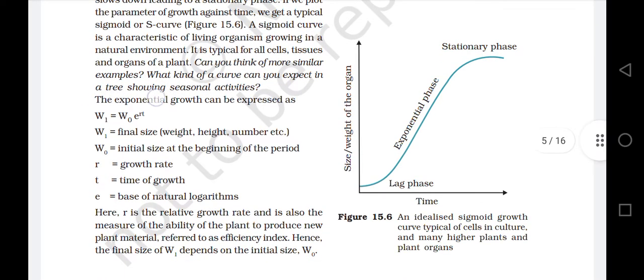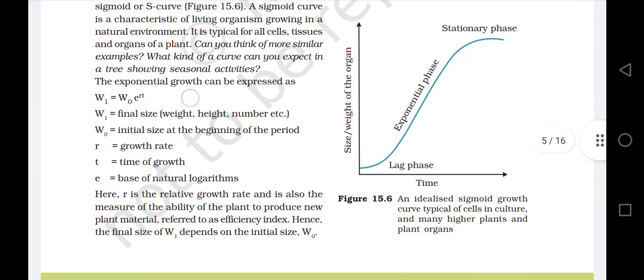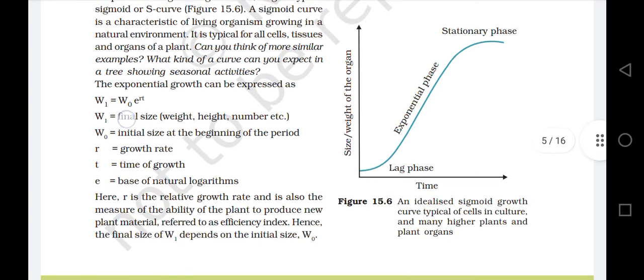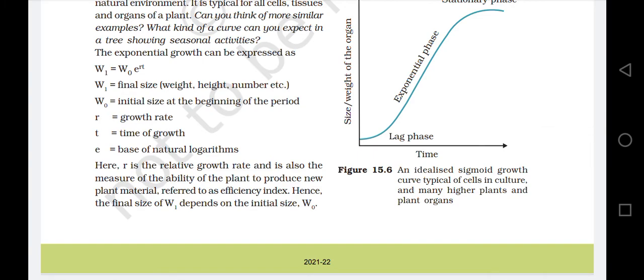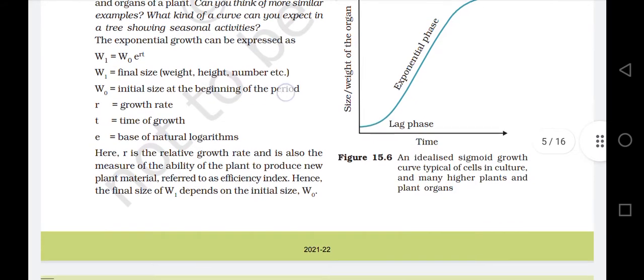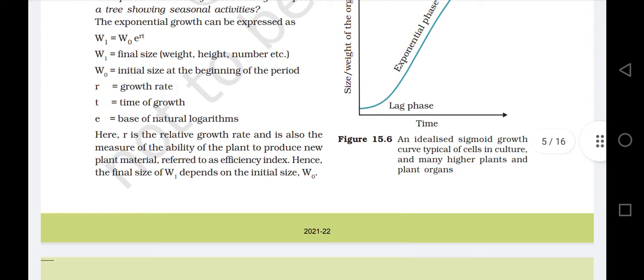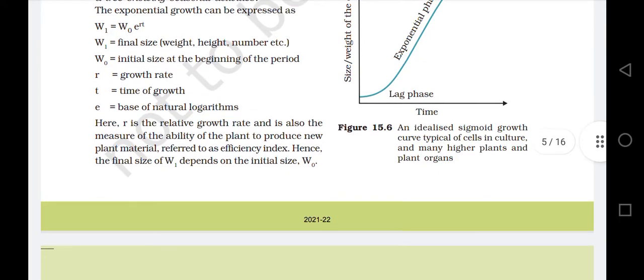The exponential growth can be expressed as W1 = W0 e^rt. W1 is equal to final size, weight, height, number, etc. W0 is equal to initial size at the beginning of the period. r is growth rate, t is time of growth, e is the base of the natural logarithms.